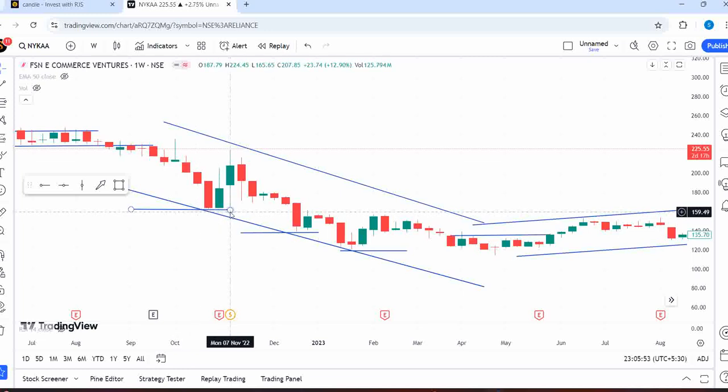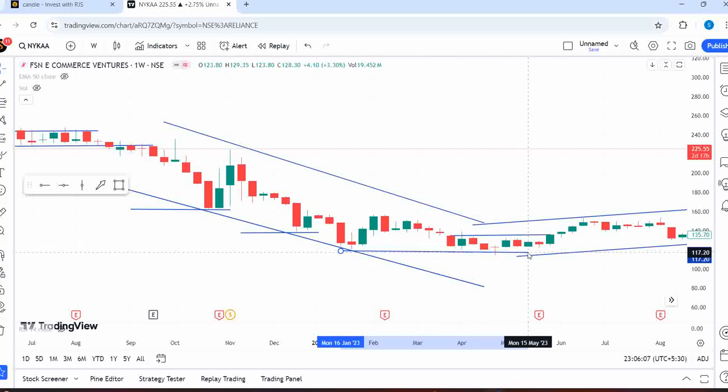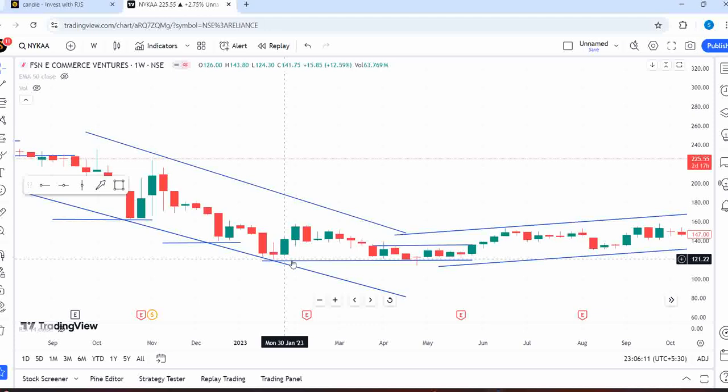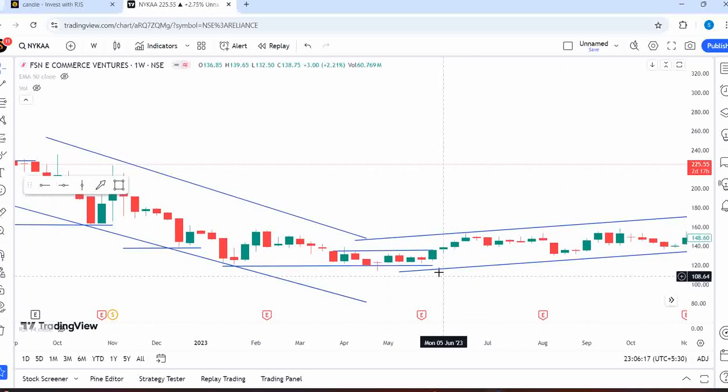Whenever the previous support vanishes, you have to understand that there is weakness in the stock. Again it vanished again. But here when it came down, it did not cross this. Correct? So that means this third support acted as a support. It actually stayed for many weeks and then it started to take one more leap.